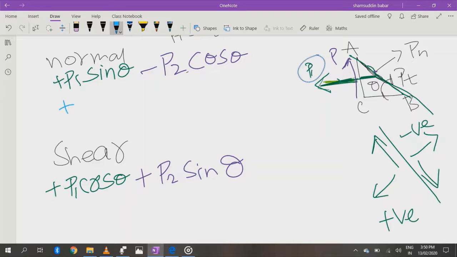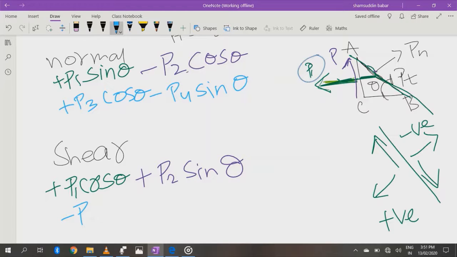For me, P3 normal is positive, and P3 cos theta minus P4 sin theta. Find out yourself and check and mention if the answer is incorrect.